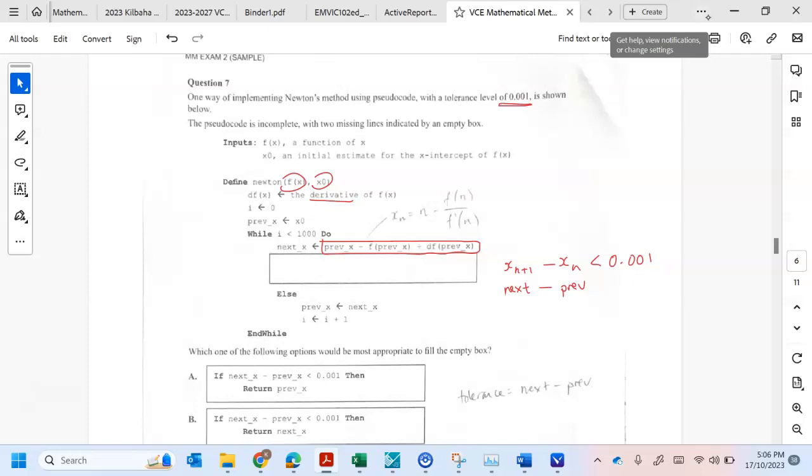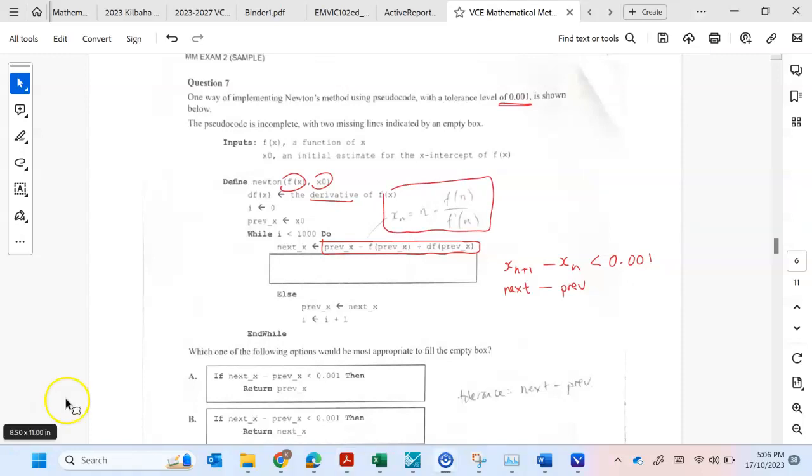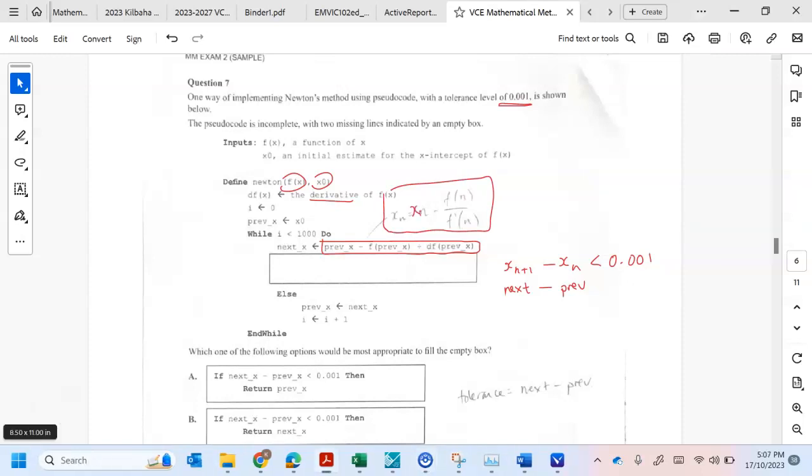So here's your formula. All right, and I've just realized I've written it incorrectly. So I had to pause just to check. That should be xn there. All right, and this should be x of n plus 1.